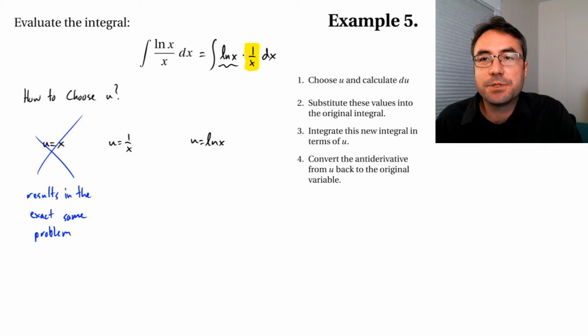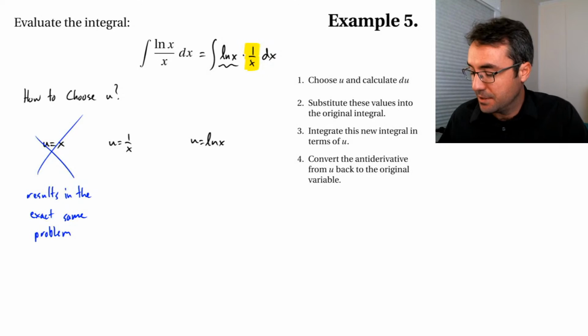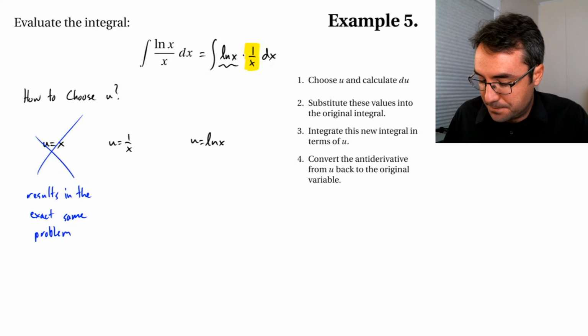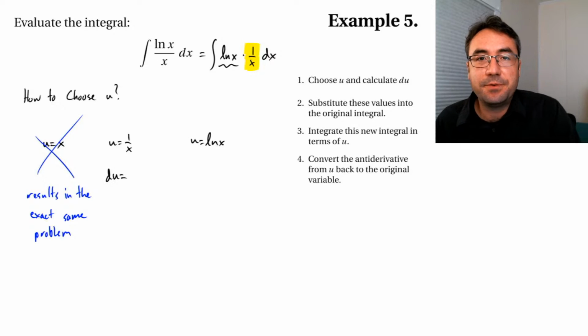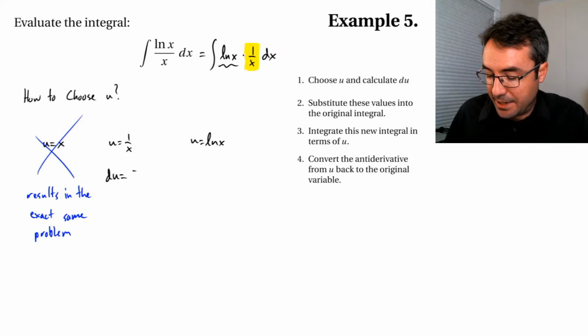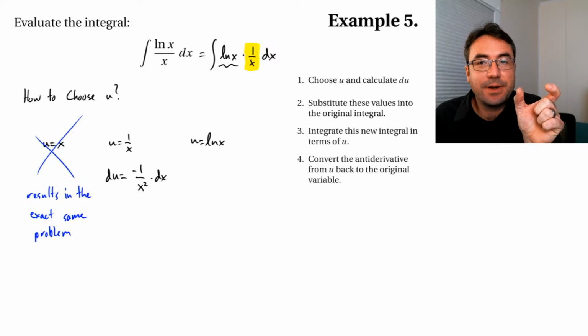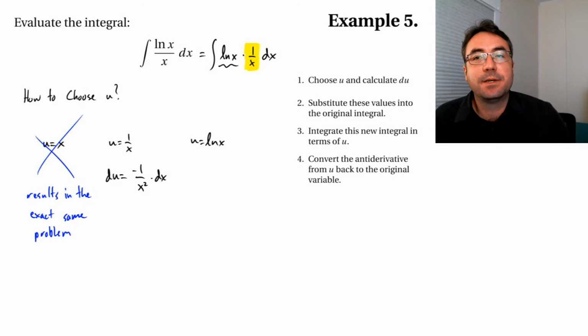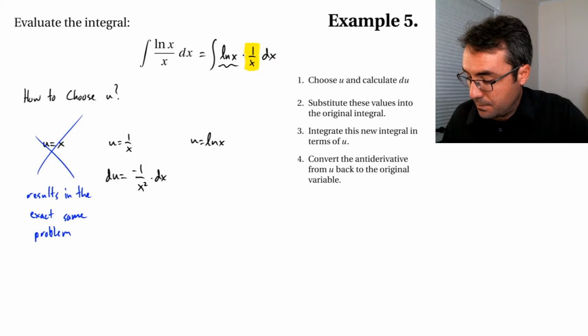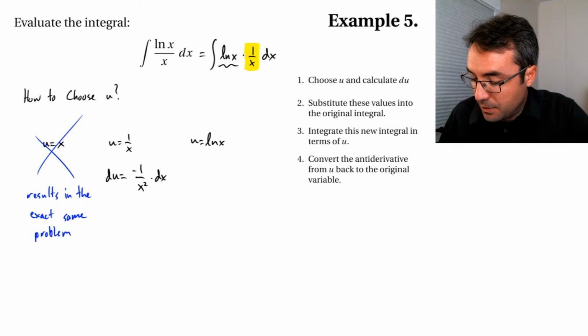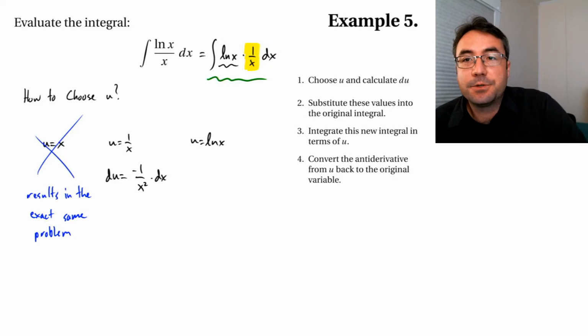So what about that u equal to 1 over x? Let's calculate the differential. The derivative of 1 over x would be negative 1 over x squared, and then we multiply by dx. We want to take that differential and compare it to our integral. What we notice is if we look inside our integral here, there's no 1 over x squared.